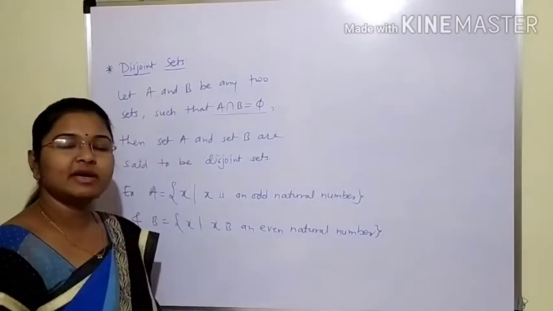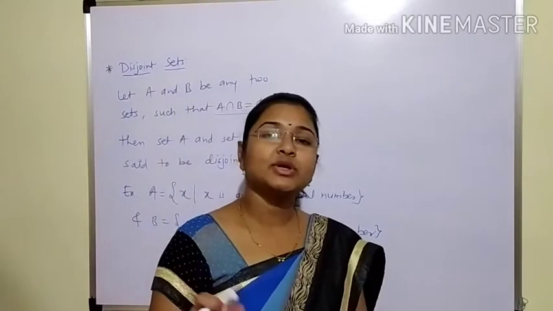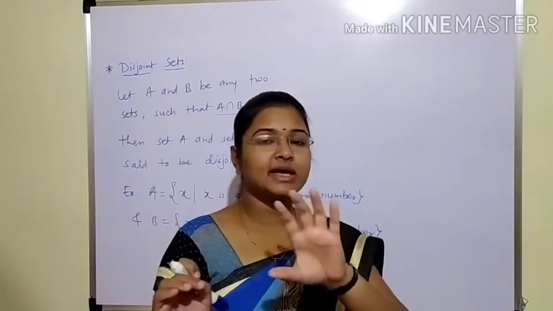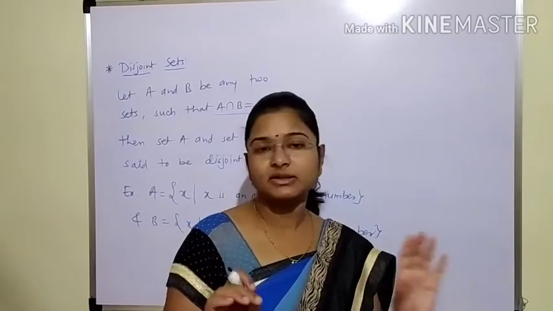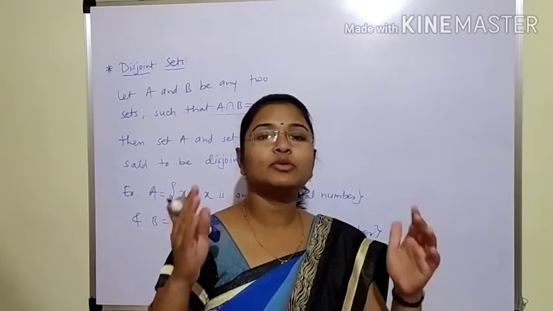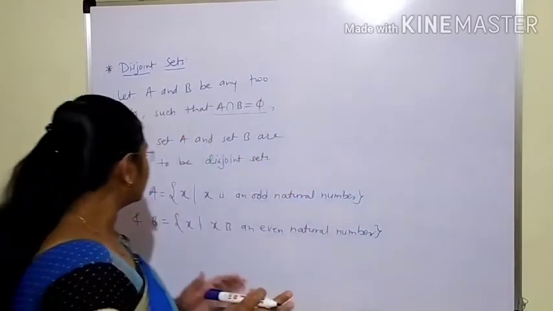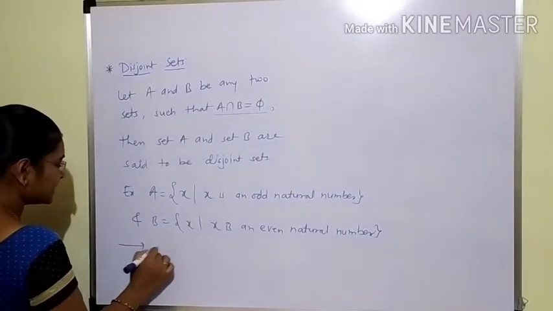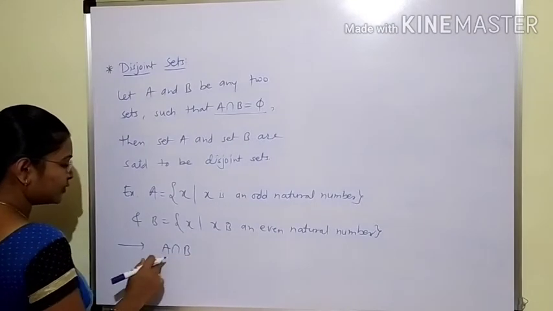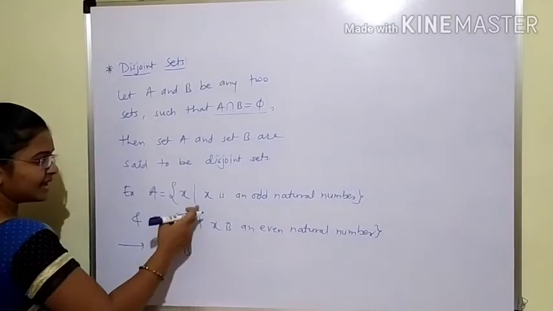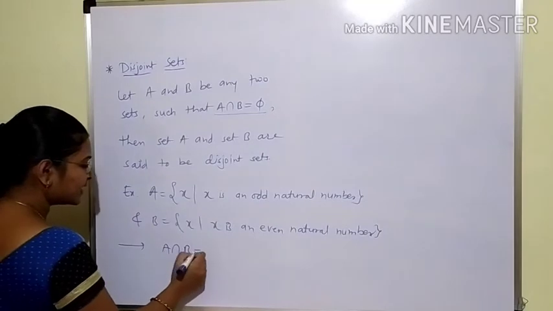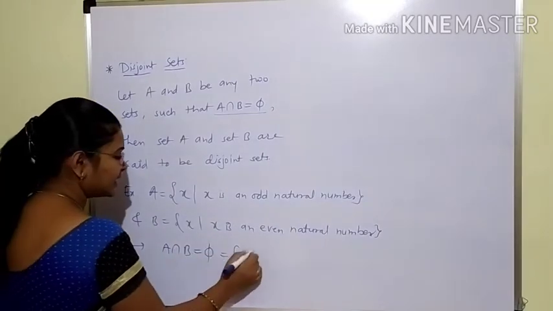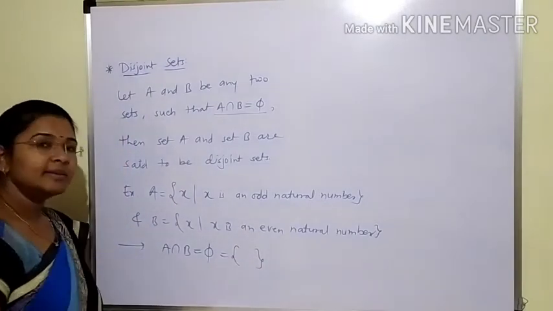Means students, if we have considered two sets in which one is a set of all even natural numbers and one is set of odd natural numbers, then how we can say that both are having common element? So both the sets are not having any common element. So intersection of two sets A and B, which we have defined in this way, is an empty set, or you can write empty curly braces.